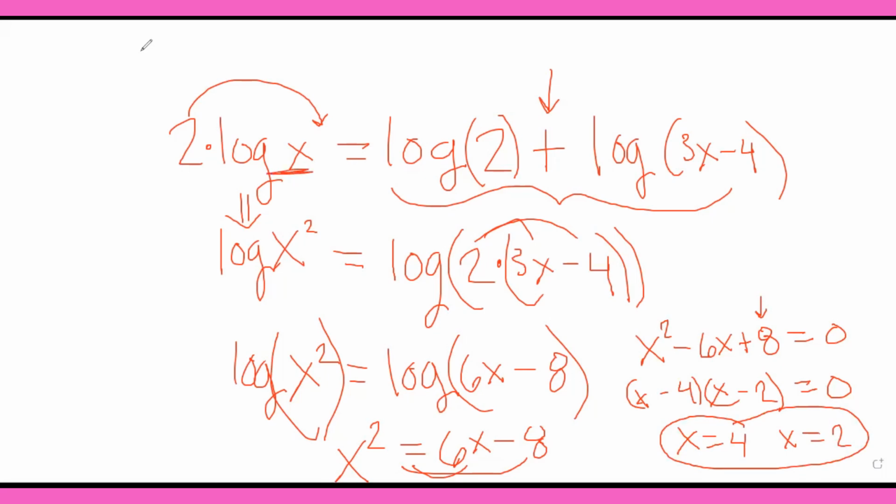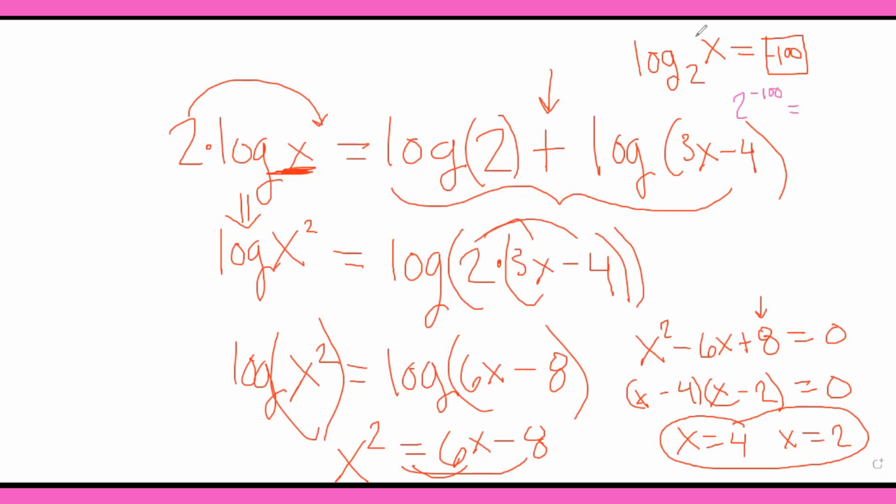Oftentimes when x is in this position, the answer position, if we think about this, let's say it's 2, and any number over here, even if it's 0 or negative, my answer, let's say it's -100. If I rewrite this in exponent form, that means 2 to the -100.